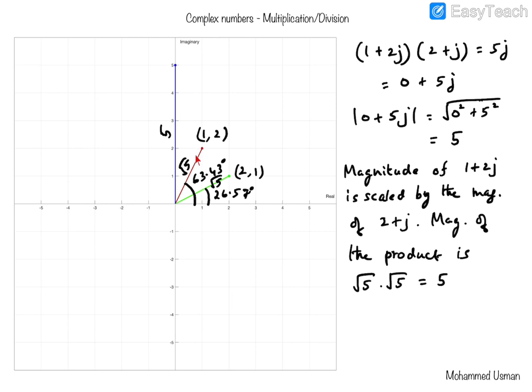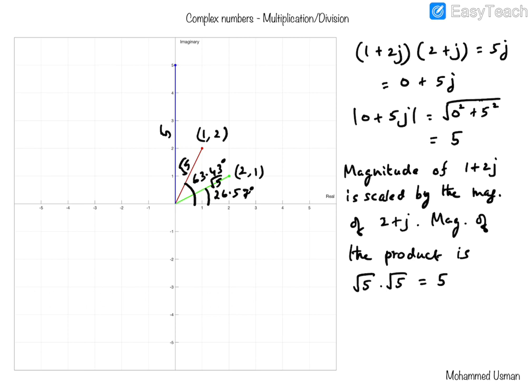The magnitude of the first complex number is root 5, the magnitude of the second complex number is also root 5, and the magnitude of the product is root 5 into root 5, which is 5, which is what we get exactly here. So the scaling is happening in such a way that when we multiply a complex number with another complex number, the magnitude of the first complex number gets scaled by a factor equal to the magnitude of the second complex number, which gives us the magnitude of the product of these two complex numbers, which is what we see here.